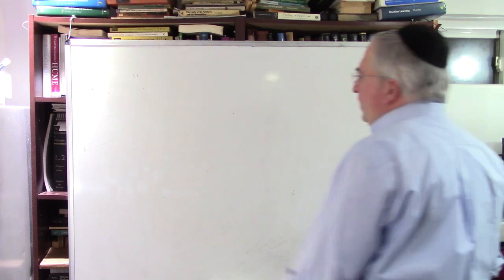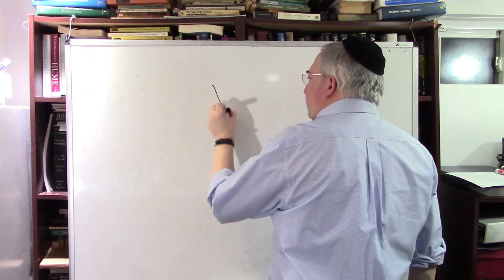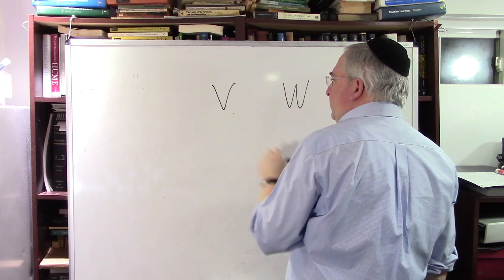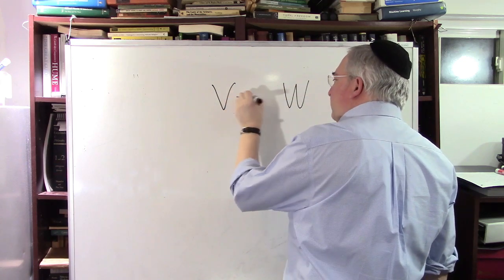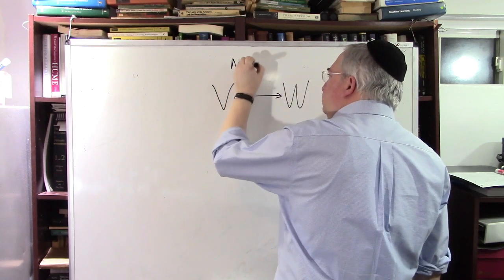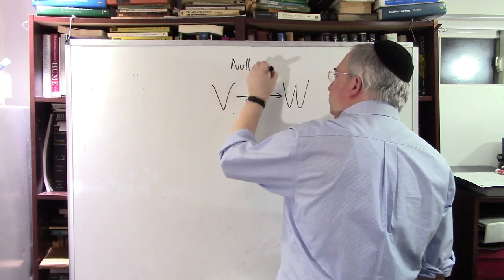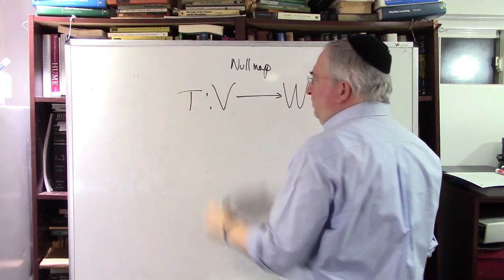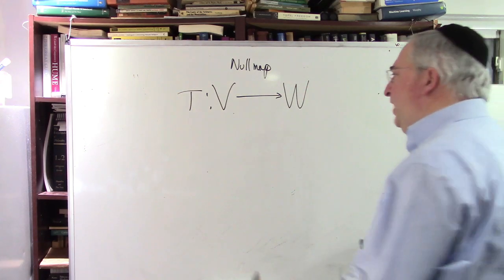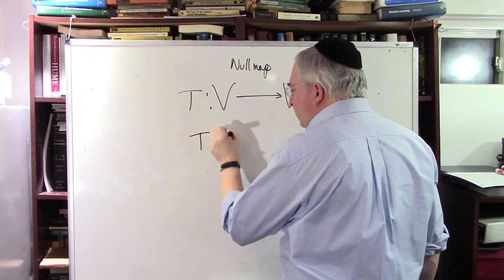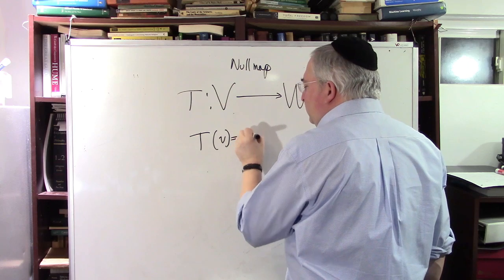There's another map. Given any complex vector space V and any complex vector space W, there's a map called the null map, or the null transformation. I'm just going to call it T, but I'm going to say it's the null map, and it's defined as follows: T of little v is equal to 0.